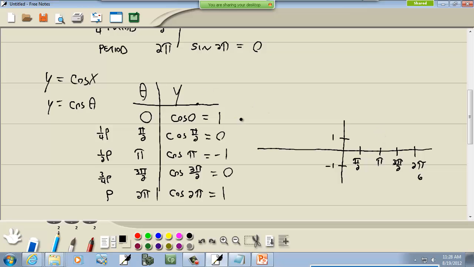Okay, so our first point is 0, 1. So 0, 1 would be right there. And then pi over 2, 0 would be right there. Pi, negative 1 would be right there. 3 pi over 2 and 0 would be right there. And 2 pi and 1 would be right there. Now again, you still have the same curve that the other one does.